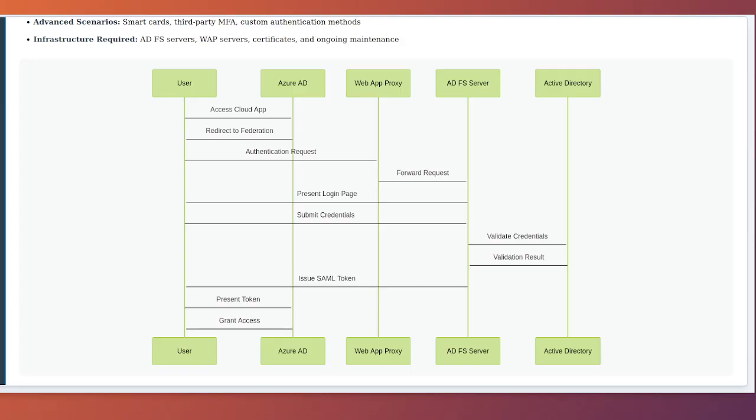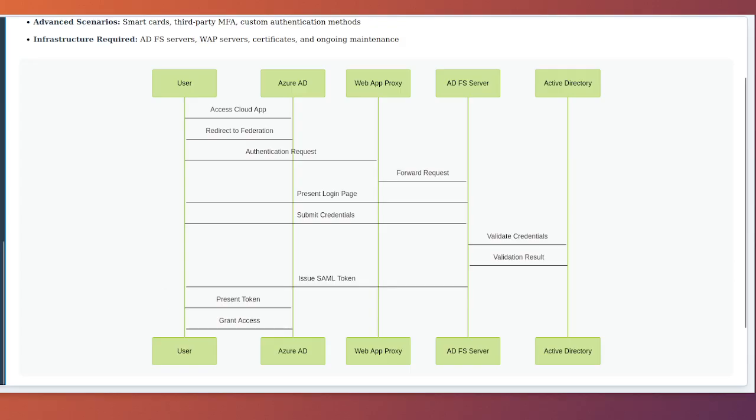You need to deploy multiple Active Directory Federation Services servers for high availability, configure web application proxy servers for external access, obtain and manage secure sockets layer certificates, and maintain the health of all these components. Active Directory Federation Services servers require regular patching and updates, and the Federation Trust certificates must be renewed before expiration.